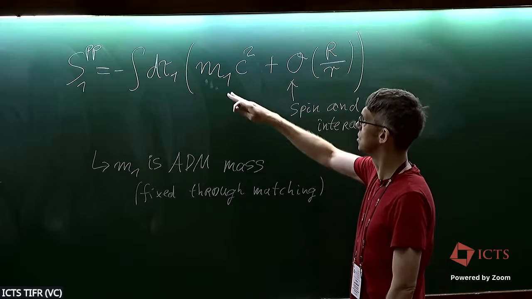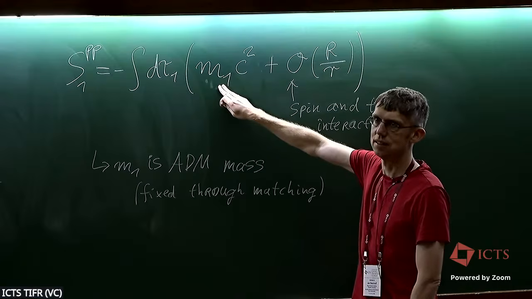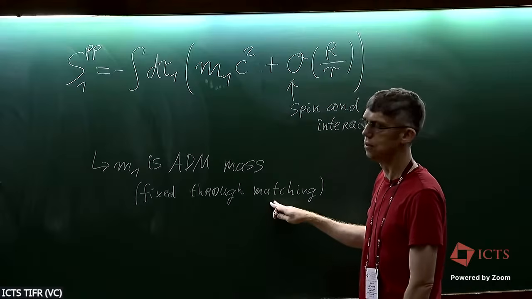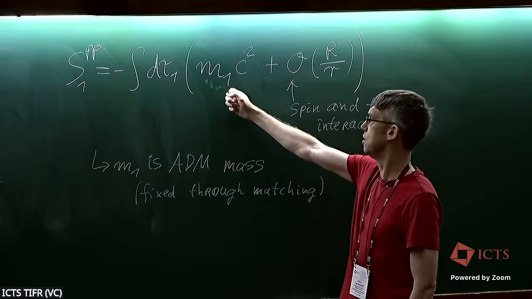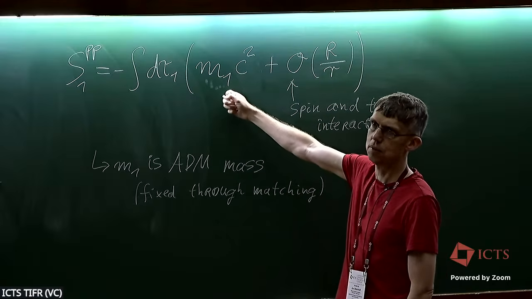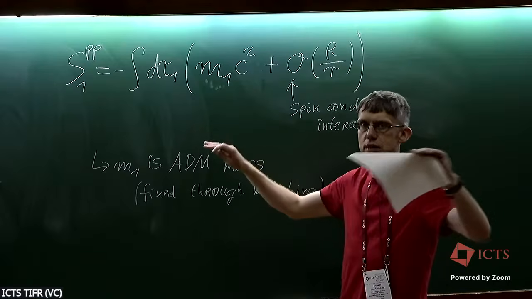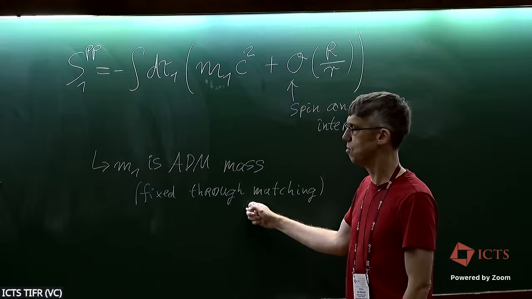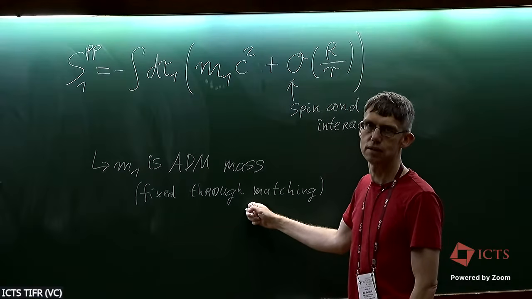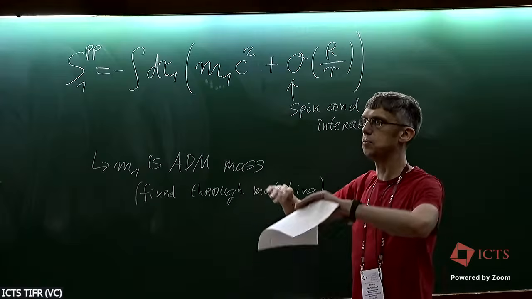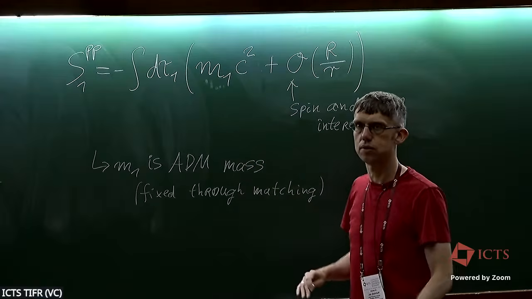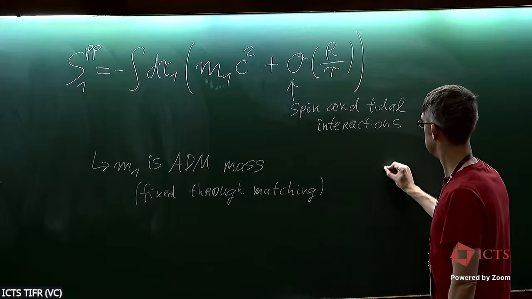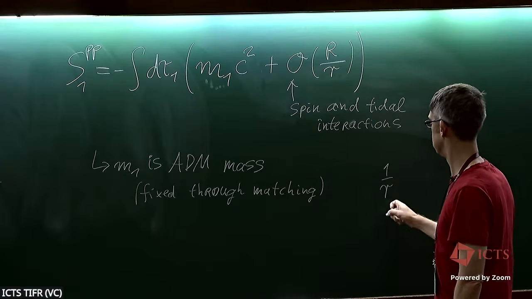So one still needs to figure out which exact mass this is. And the way to fix this or to do the matching would be that, say, one takes this point particle with the point mass term, one computes the metric of it, and for instance, compares it to the Schwarzschild metric, just asymptotically far away where the field is weak. And then one can read off from, say, the term going as 1 over r.